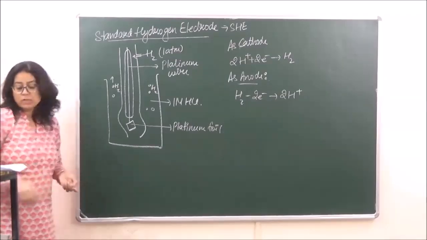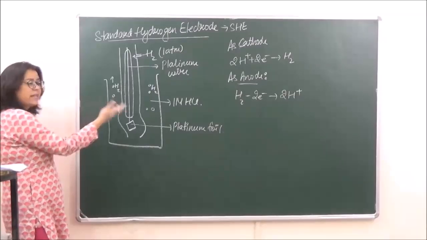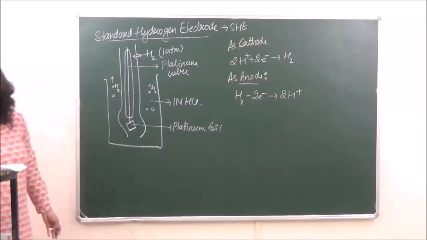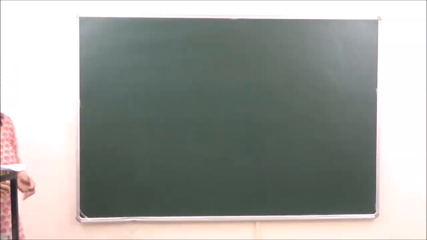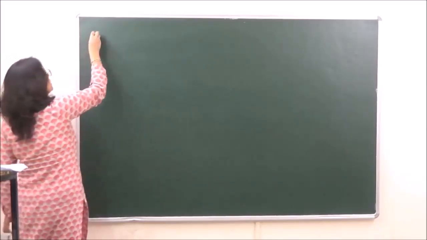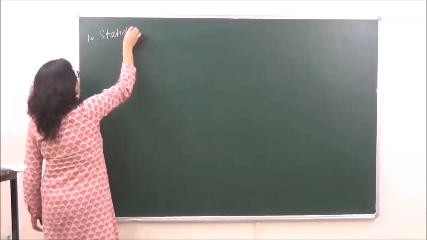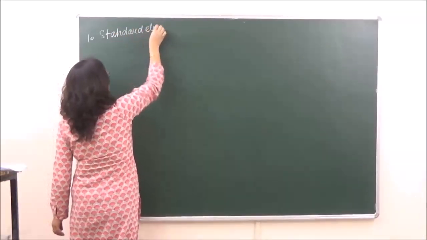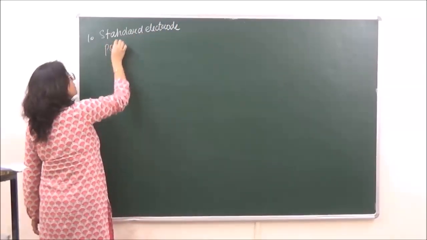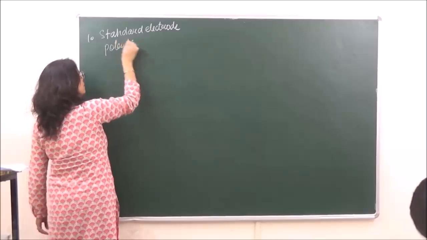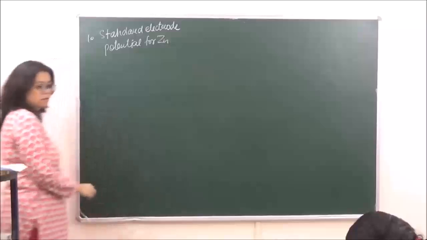Let's put it to some use. Let's see how we calculate or determine the electrode potentials of zinc and copper by taking this as a couple. First of all, let's calculate the standard electrode potential for zinc.